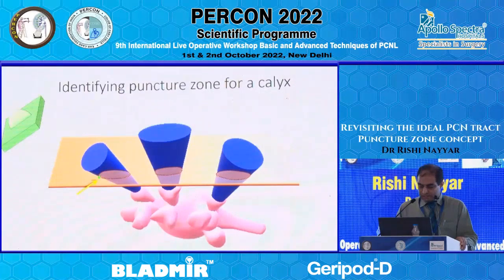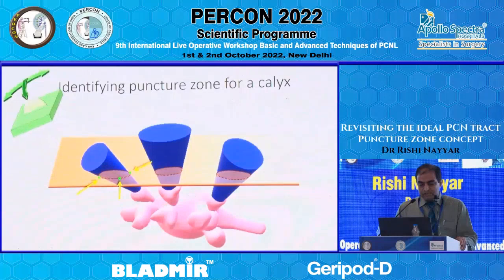The tip of the needle is kept at the edge of the calyx, and the 4 points are marked. Like here, the superiormost point is first marked, then the inferiormost, then the medialmost, and then the lateralmost. Once we have these 4 points, we can join them to chalk out the puncture zone that is available for a specific pelvis.